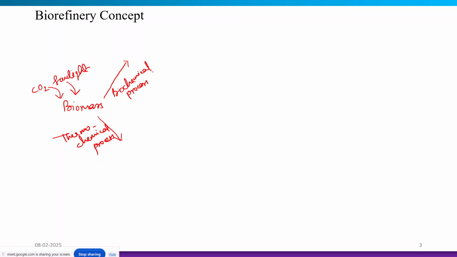In the biochemical process, there will be a lot of further sub-processes. It will go for pre-treatment, then it may be further processed in enzymatic reactions.